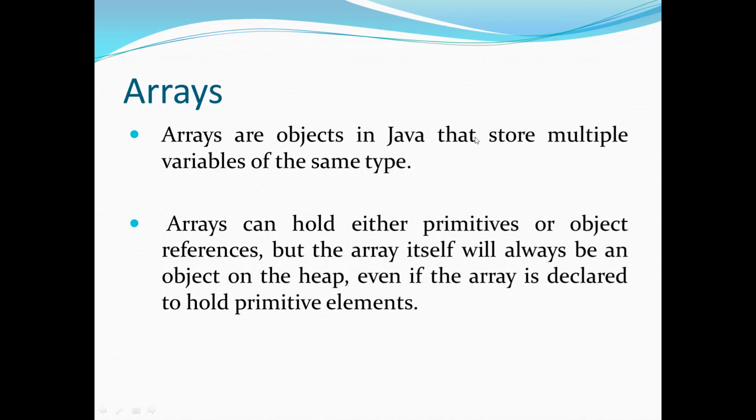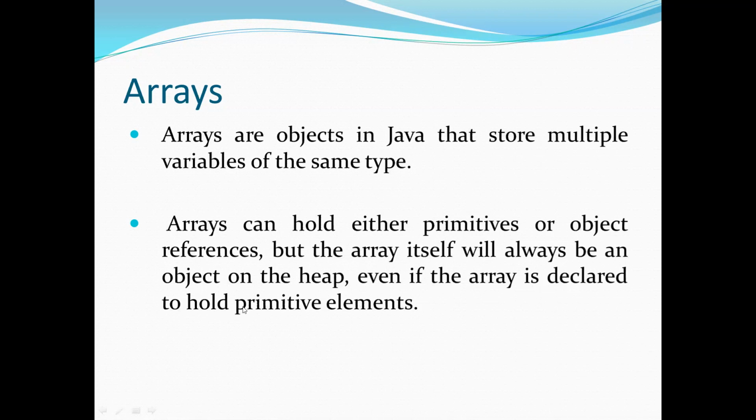So arrays are objects in Java that store multiple variables of the same type. So this is the definition of the array. Array can hold either primitives or object references, but the array itself will always be an object. And where? On the heap. As we know that objects are created in the heap memory area, so it will be on the heap, even if the array is declared to hold the primitives.